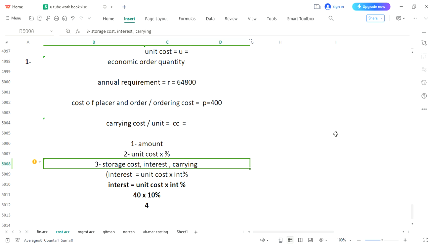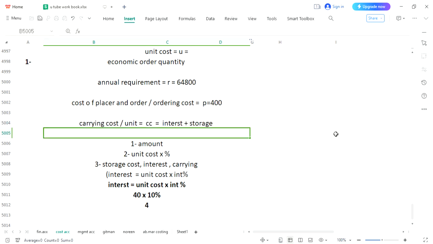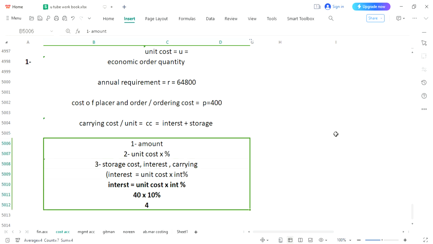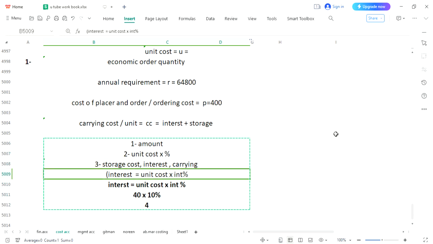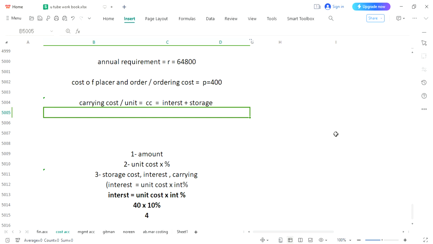So we are now able to calculate our carrying cost, where interest and storage are given in the question. So simply what you will do is put the amounts of storage and the amount of interest over here, with which you will calculate your carrying cost.